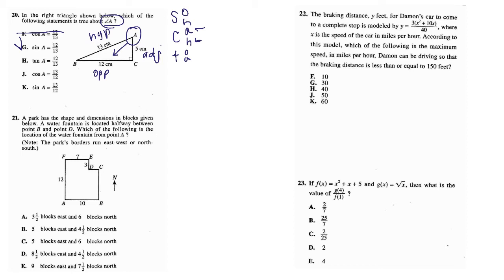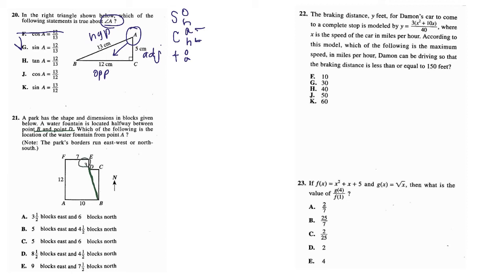Now number 21. Notice in this problem we have a water fountain that is located halfway between points B and D. So let's connect points B and D. Somewhere halfway between, well, let's see, we know the whole thing is 12.